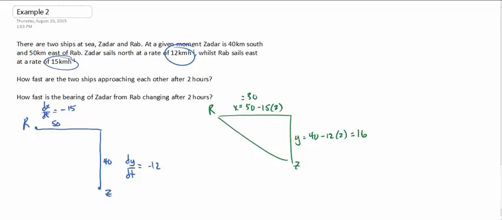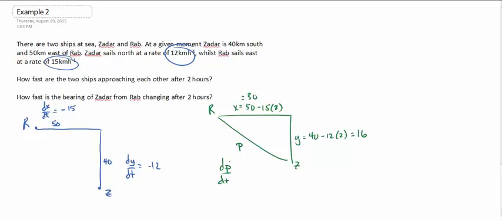So Zadar is still 16 kilometers south of Rab. And what this is asking for is how fast are the two ships approaching each other. We want to know, if we call this distance, I'll call it P, just for fun, we want to know what is dP/dt.